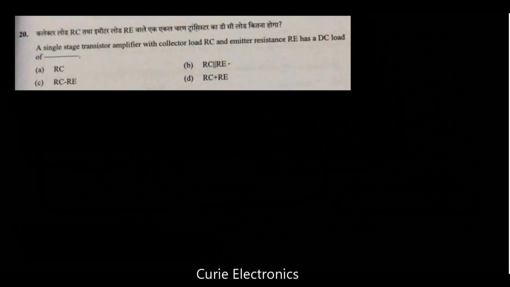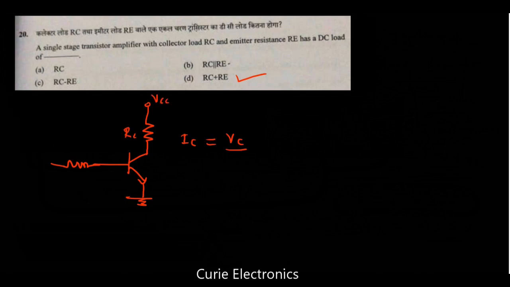The single stage transistor amplifier with collector load RC and emitter resistance RE has a DC load of RC plus RE. How? If you have a simple CE amplifier, and you want to find IC, it is VCC upon RC.